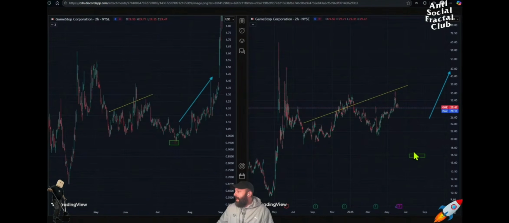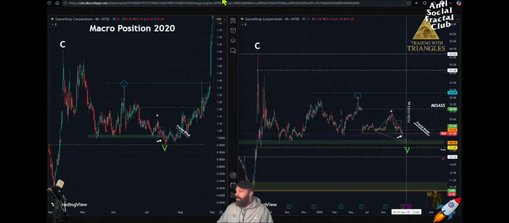We wanted to see the pullback, create and confirm a V point like here, and then track higher highs and higher lows off of the other side. Fast forward to when we had our equation date, and I'm going to go into equation dates in a bit, so don't be turned off by that. The 1120 to 1123 volatility point is where we were looking for our V, that V to be perfect tracking.